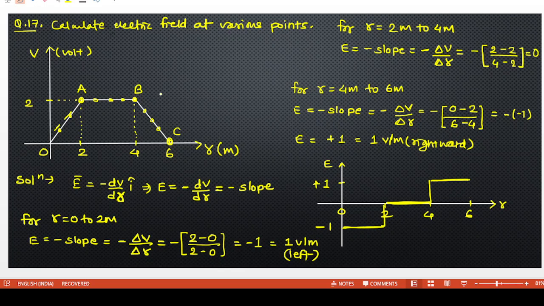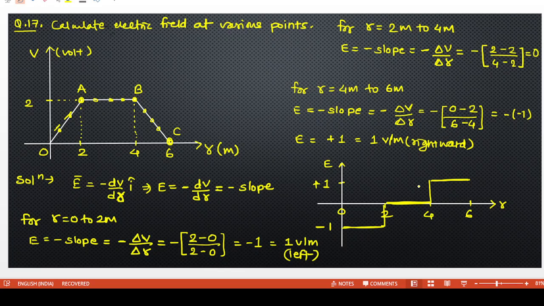So in the exam, the potential graph will be given to you, and the field graph will be asked. Today we have completed all the problems based on field and potential relation.